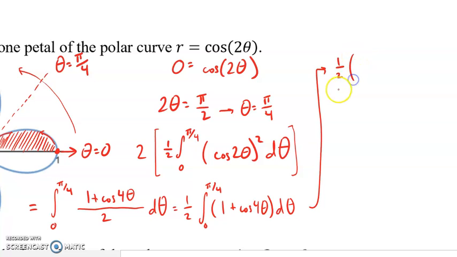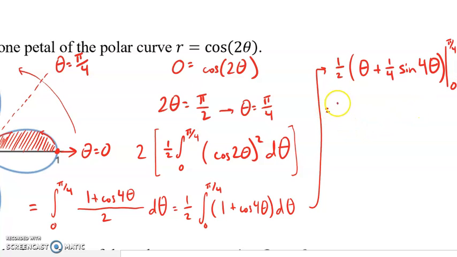I like to do this u substitution in my head, though. 1 times d theta integrates to theta, and then instead of messing with u equals 4 theta, I'm just going to remember that I have to unchain rule this. So divide by 4, cosine anti-differentiates to sine, and the argument never changes. We'll evaluate that at pi over 4, and we'll evaluate that at 0.